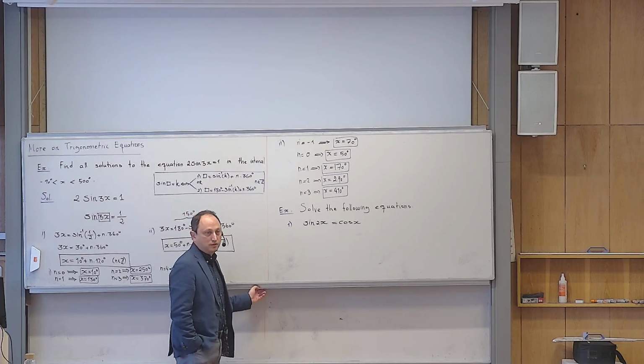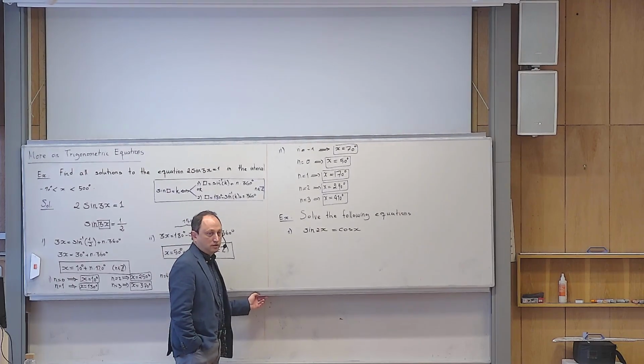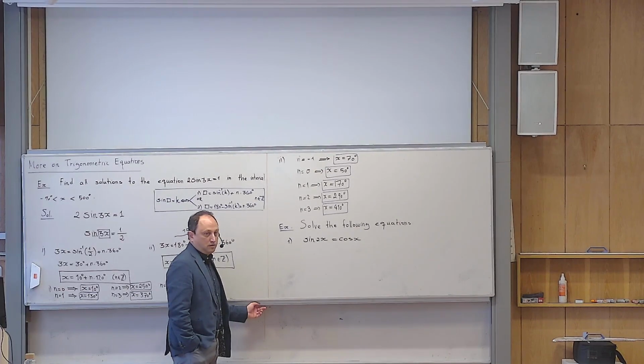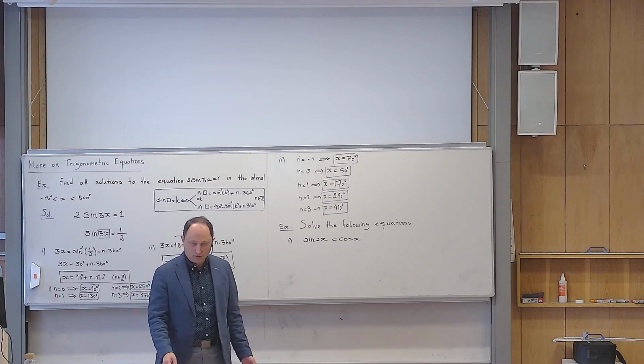There is only one thing: you have to practice to see what you can do here. Any guess? Yes? Can't we write cosine x as sine 180 minus x? No, not 180 minus x. Yes? Sine 90 minus x. Yes, that's correct, the complementary angle.